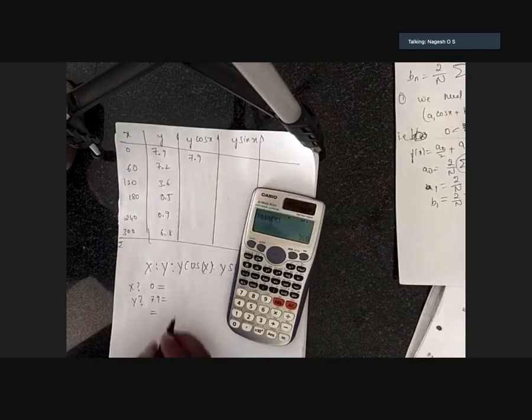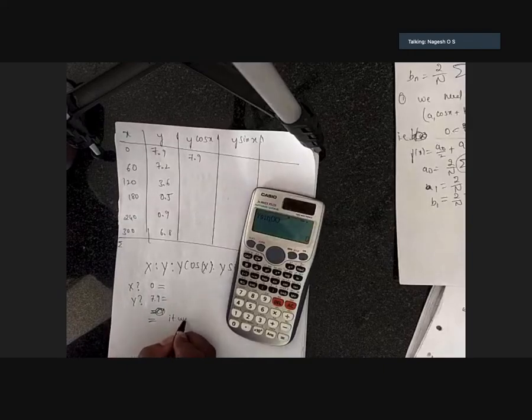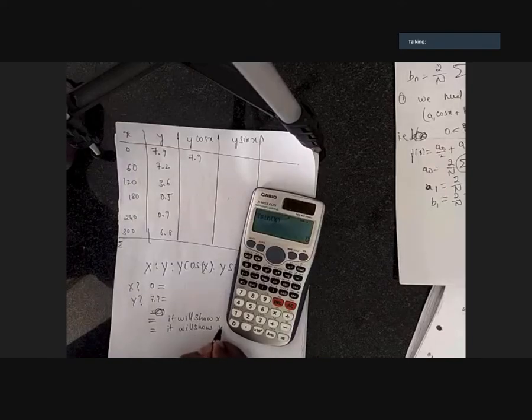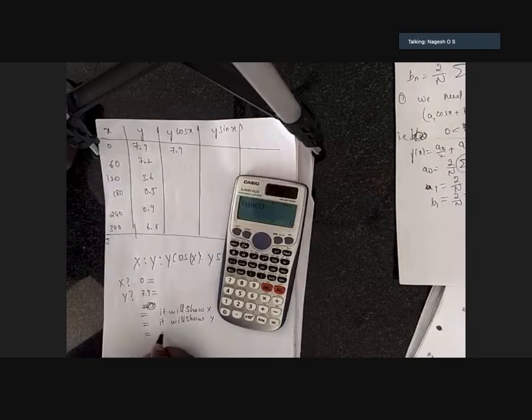Press equals again. It will show x. Press equals again. It will show y. Press equals again.